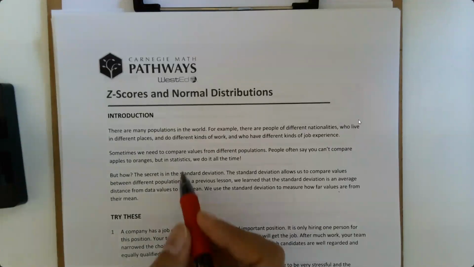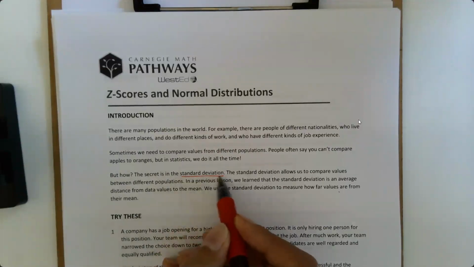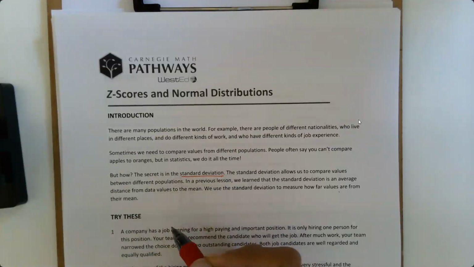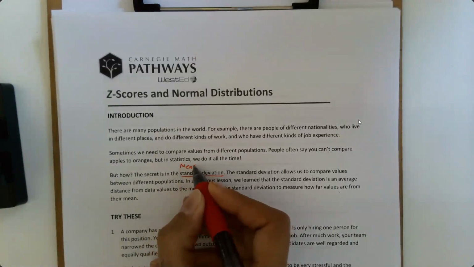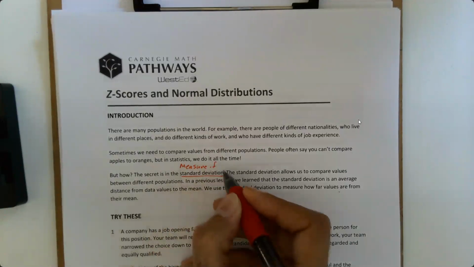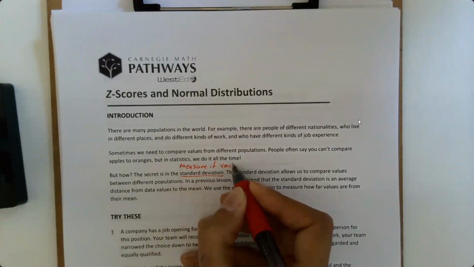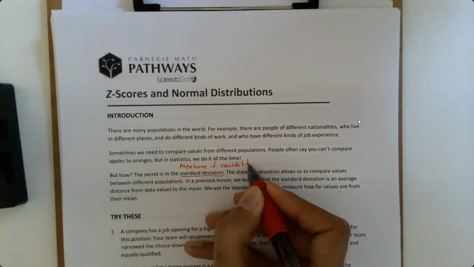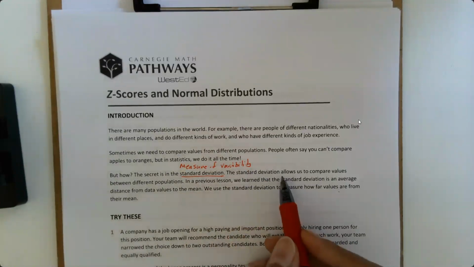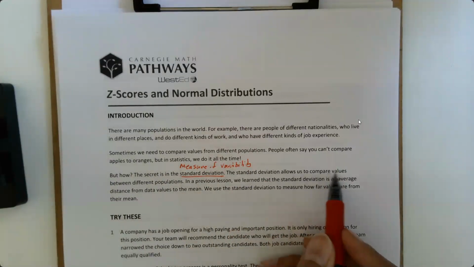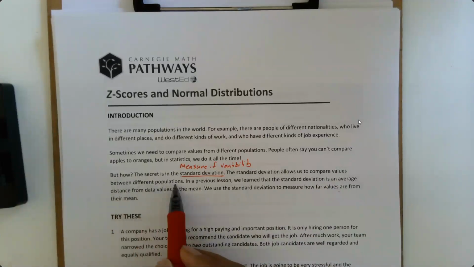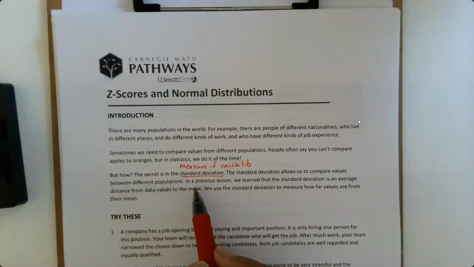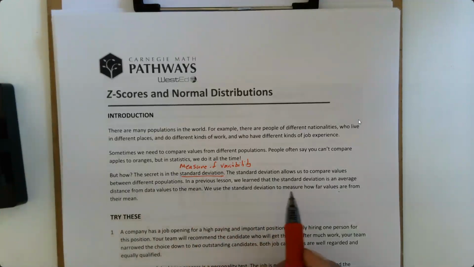Remember that standard deviation was one of the examples of the measure of variability. The standard deviation allows us to compare values between different populations. In previous lessons, we learned a lot about standard deviations.